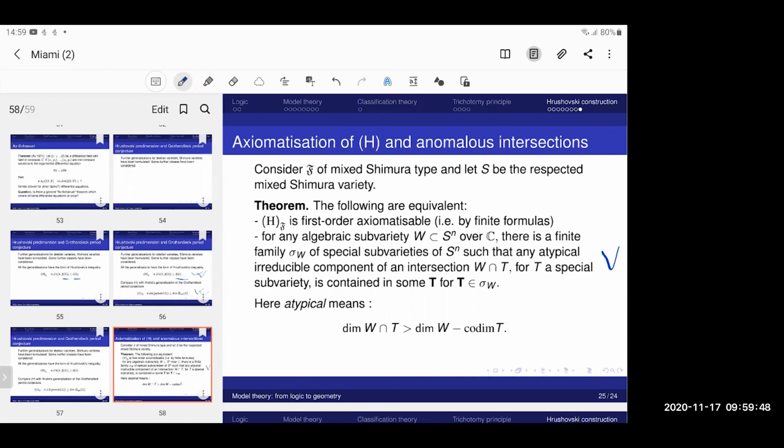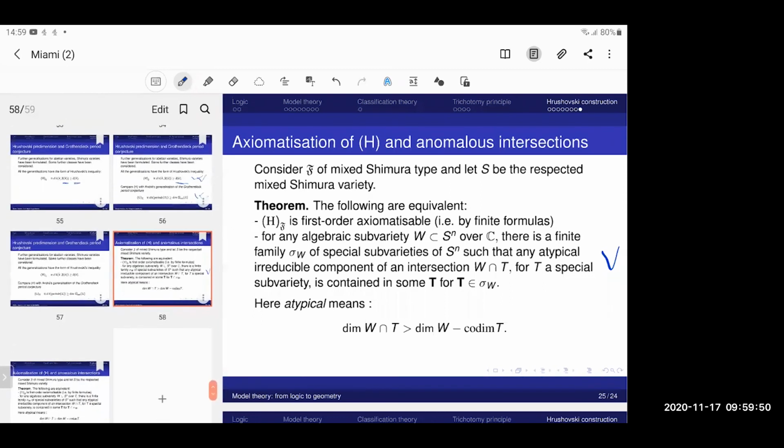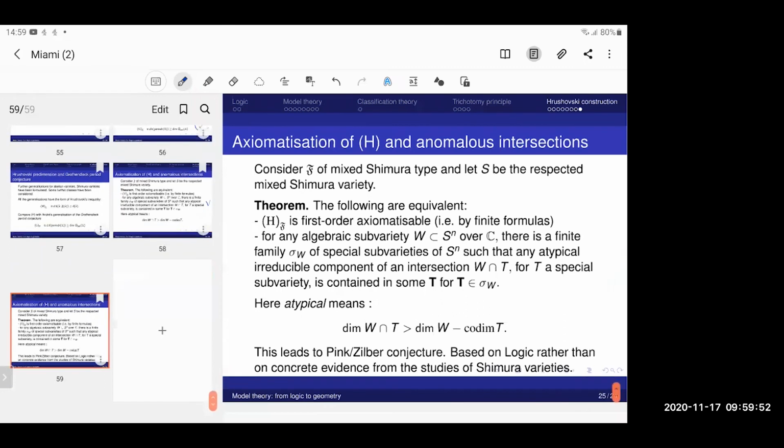And of course, there is the conjecture that comes from Shimura varieties people that worked in this direction, following some very concrete analysis of concrete examples.